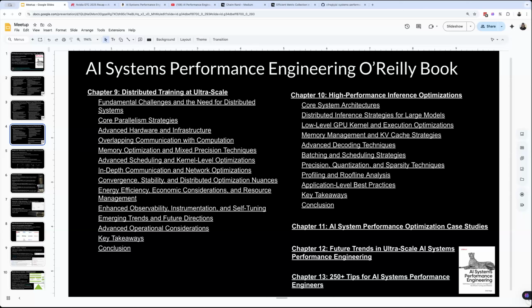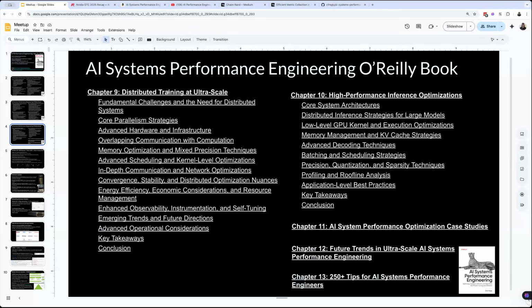But I talk about how to profile, and how to do what's called roofline analysis, to see which part of your workload is compute bound and which part is memory bound. The whole book really is focused on transformer-based models. Those are the most popular today, the most heavily optimized, and well documented, thanks to folks like Chaim.